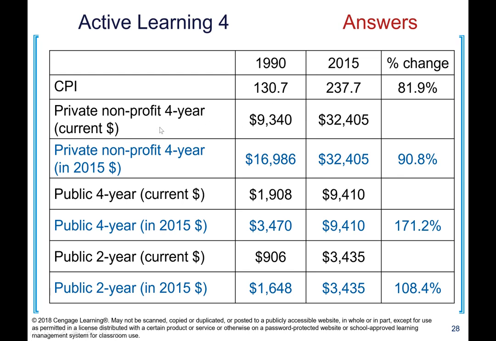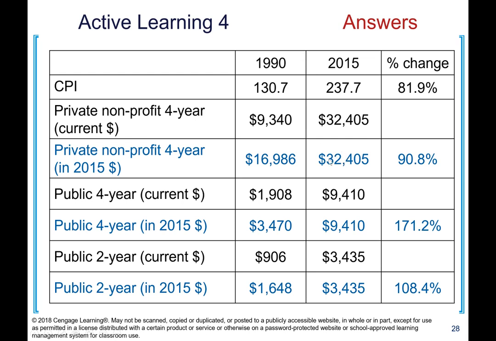So in private non-profit four-year colleges, this 9,340 in 2015 dollars using that formula is this. So this would be the number that you compare with the 2015 cost of a private college.